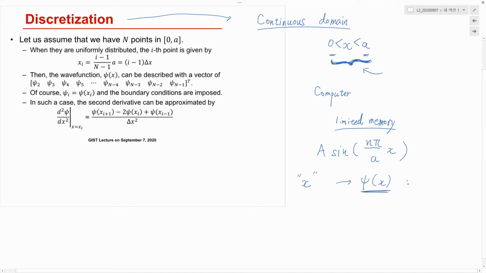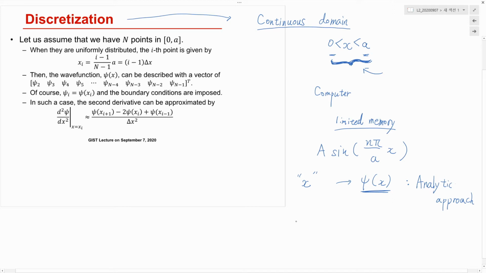This is the power of an analytic approach. However, when we work with a computer program, we have to compromise.